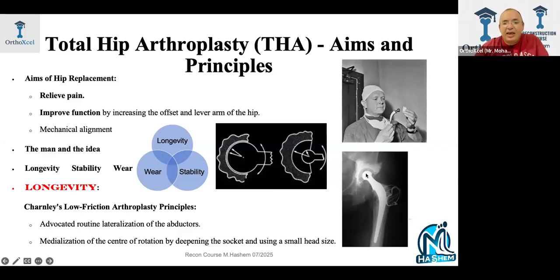To do that, he was using early large heads, then started using small heads, aiming that this small head, as you can see here, will be doing less friction with the acetabular insert, which is a plastic, which is a polyethylene. And based on the less friction, there will be less stresses on the bone cement interface. So this cup will live long. So the Charnley low friction arthroplasty principle was directed mainly to longevity.